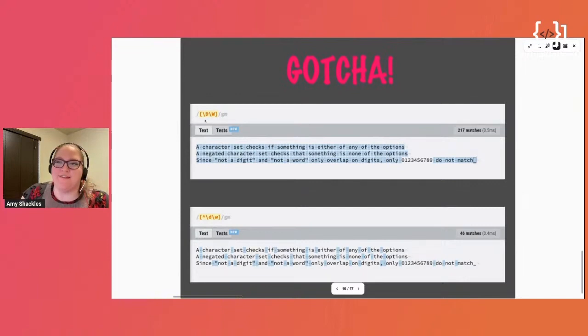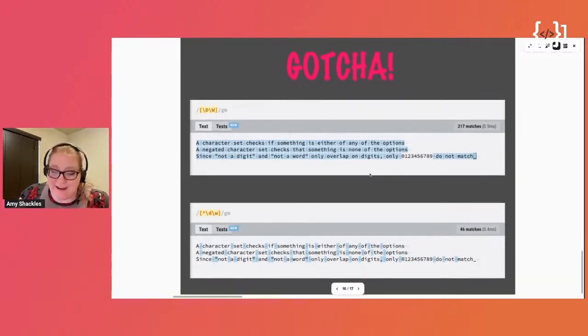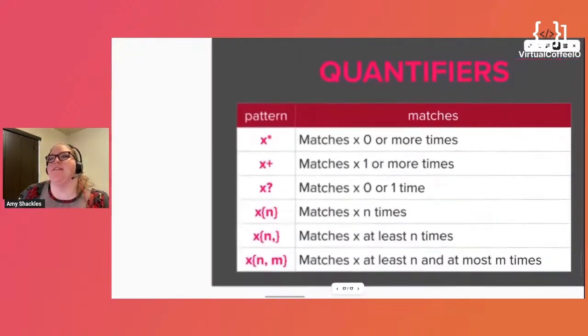And with a non-word, because there's the overlap that a word contains digits, it's matching everything except digits. Whereas if you use a negated character set of digit and word, you are matching everything that is not a digit and not a word. So this is an and, and this is an or. It's important to know the difference.